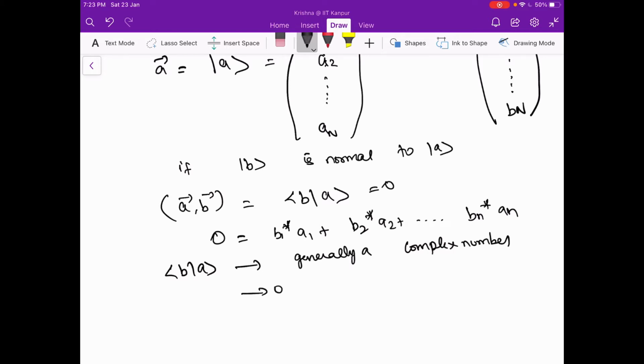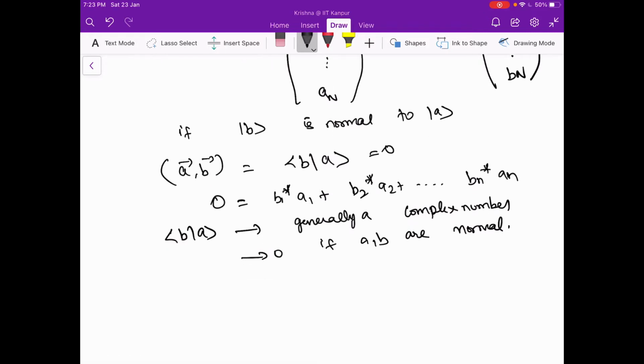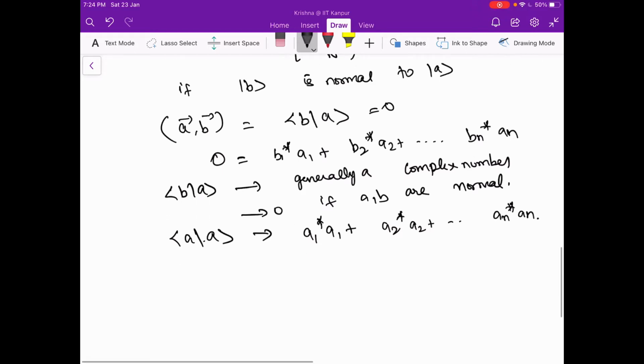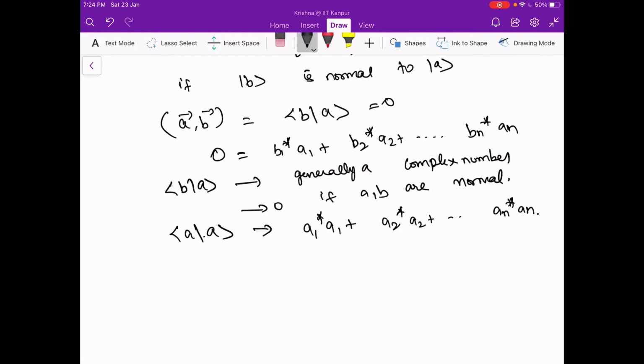And it is 0 if a and b are normal, right? And if we write a and b as the same, it will always turn out to be a1 star a1 plus a2 star a2 plus so on till an star an. You can clearly see that even if a1 and all these things are complex, a1 star a1 is going to be a real number.